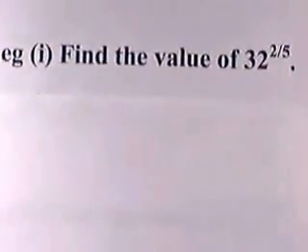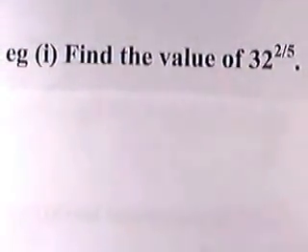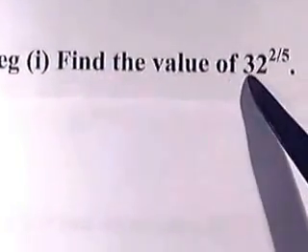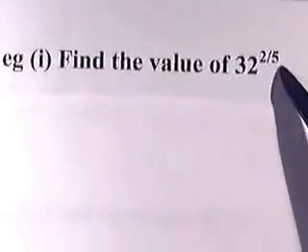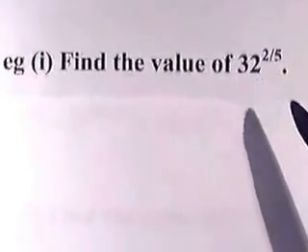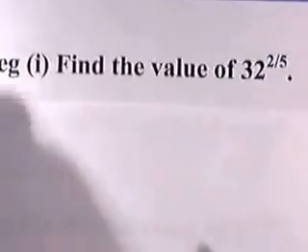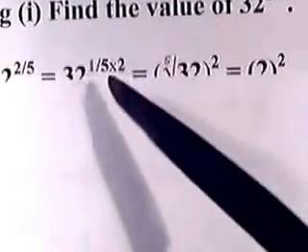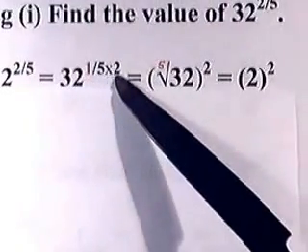Here, in this example, I'm saying find the value of 32 raised to the power of 2/5. Now we're going to use the idea of rewriting this 2/5 as 1/5 times 2.